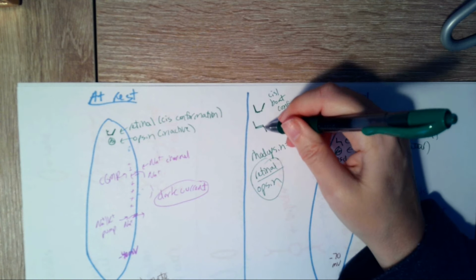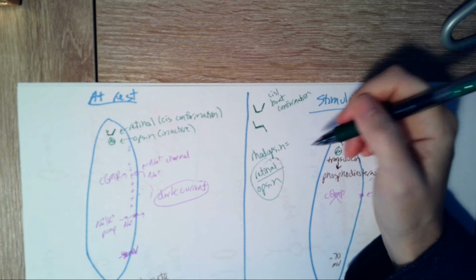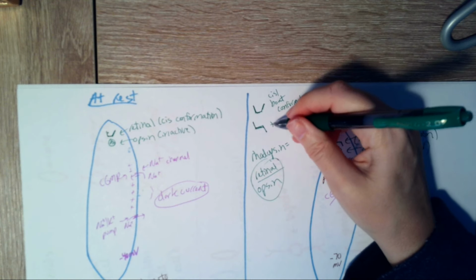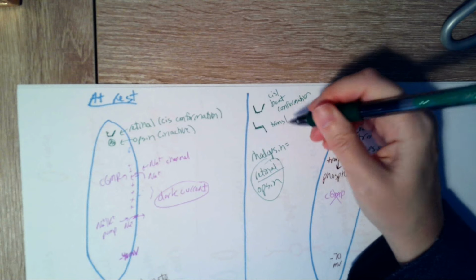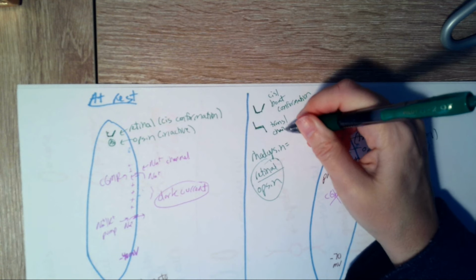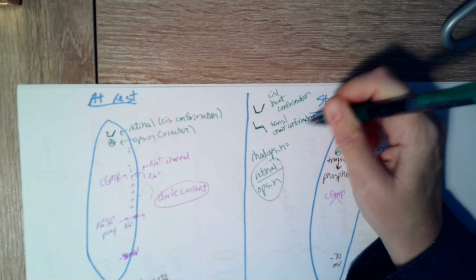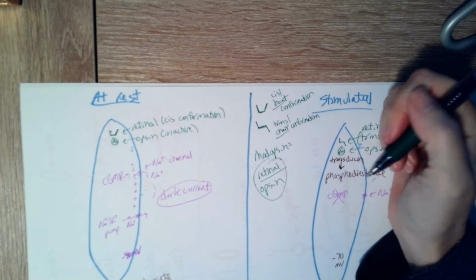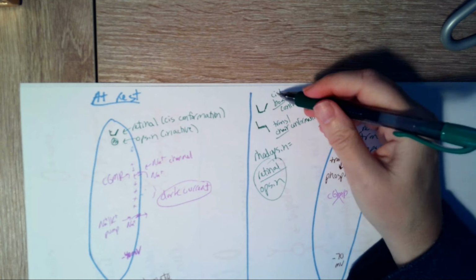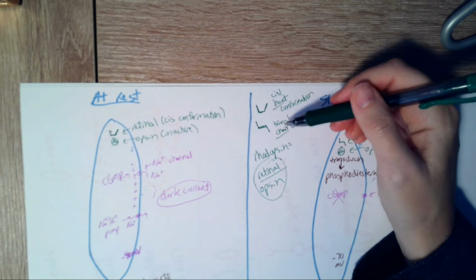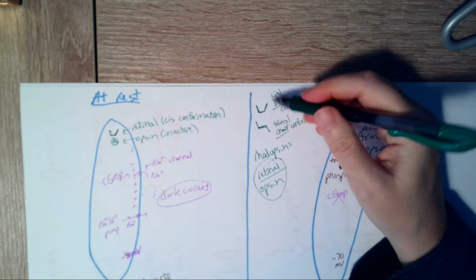So instead of having the constituent parts sitting on the same side, they're going to be on opposite sides. And this would be called trans conformation or chair conformation, because it looks kind of like a little lawn chair or something. So you'll see that sometimes in chemistry with those two different names. We're just going to call it cis and trans. Cis means same side, trans means opposite side.